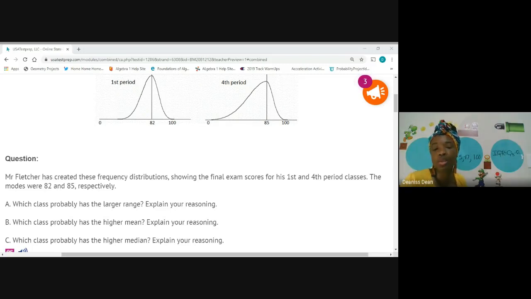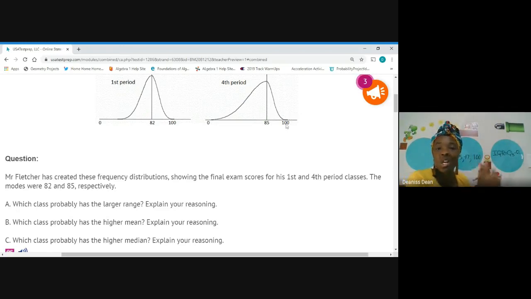Okay, so for the ones who answered yes, they would have the highest mean. And this is why, because if you look at this graph here, first period, their grades weren't spread out as much as fourth period, right? So basically somebody in fourth period made a 0, and then the highest grade was 100.